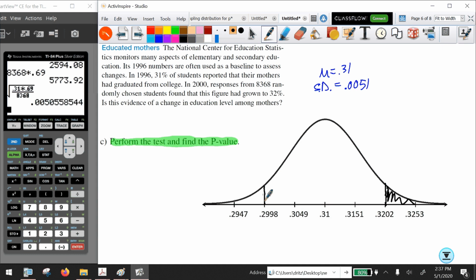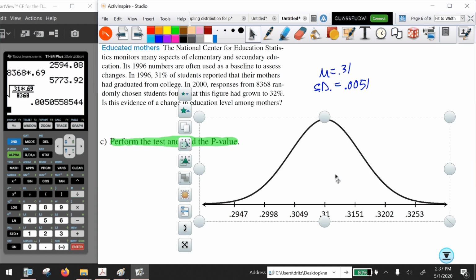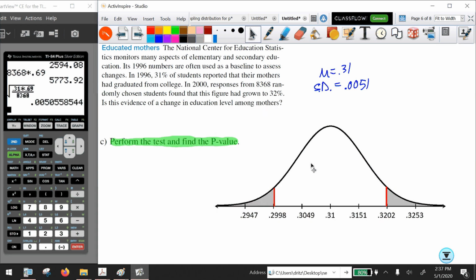So we should check the other direction too, because it could have just as easily been that we measured and there was 30% of the students who had mothers who graduated from college. So we're going to find the area underneath those 2 curves. The area from here and here, add it up.